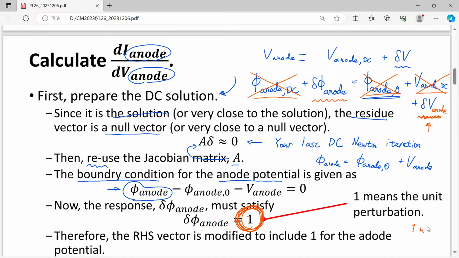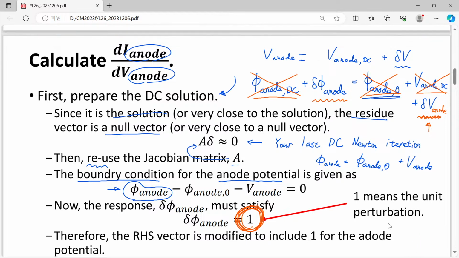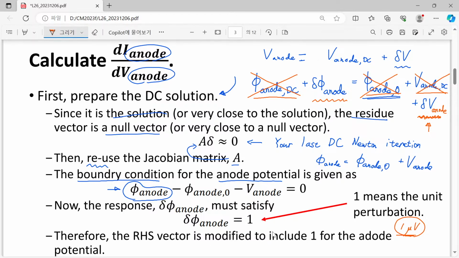Is it 1 millivolt or 10 millivolt or 1 microvolt? That doesn't matter, because this is just a linear system. If your amplitude is really 1 microvolt, then after you calculate all these quantities, just multiply by 1 microvolt. Then that result will give you the result of applying a 1 microvolt amplitude signal to your anode. Okay, so this is normalization.